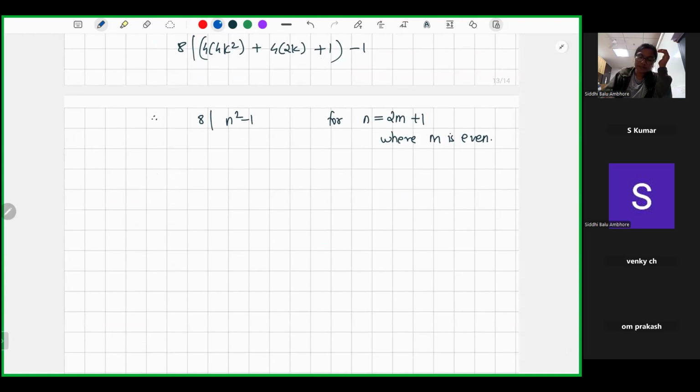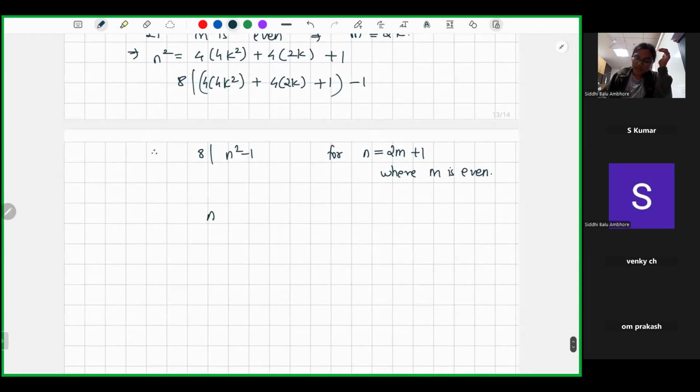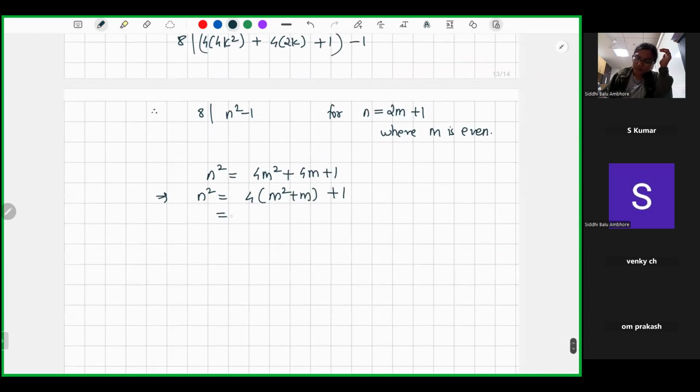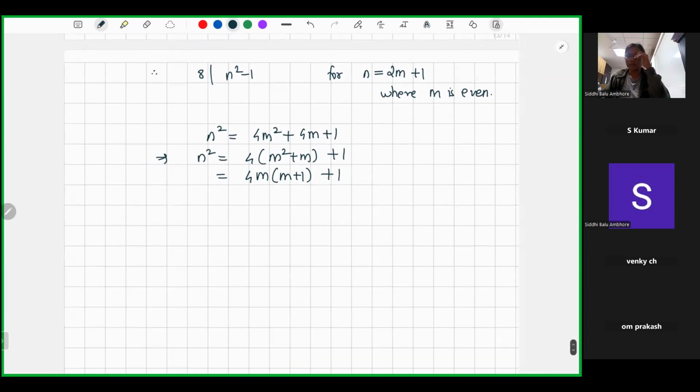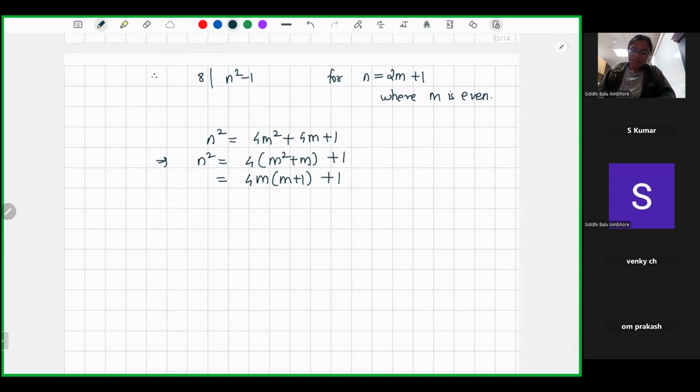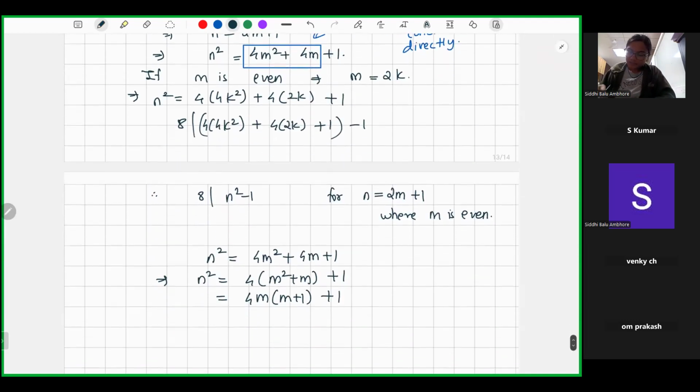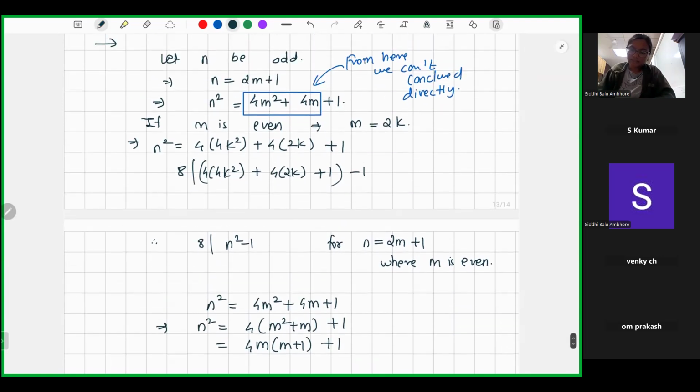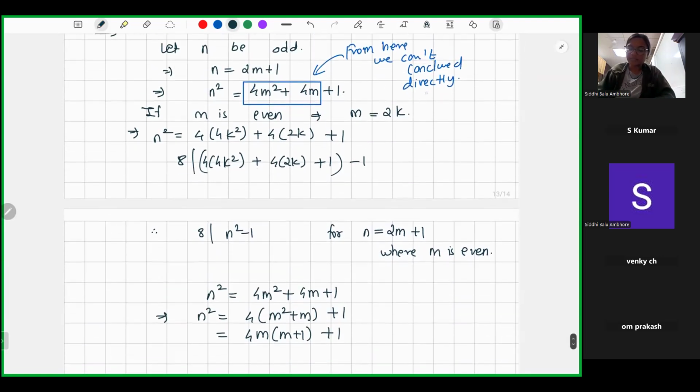See, what is this? n square is 4m square plus 4m plus 1, right? So we can write this as 4 into m into m plus 1, plus 1. So from here we can directly conclude this, after some simplification.